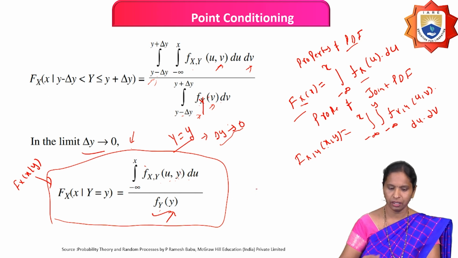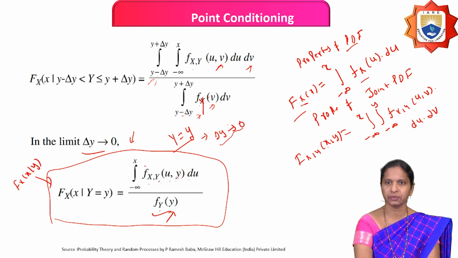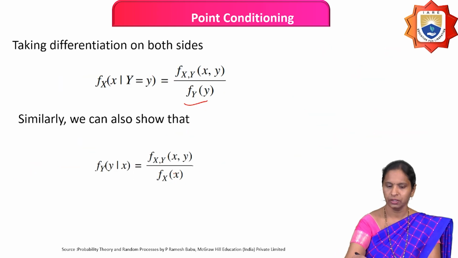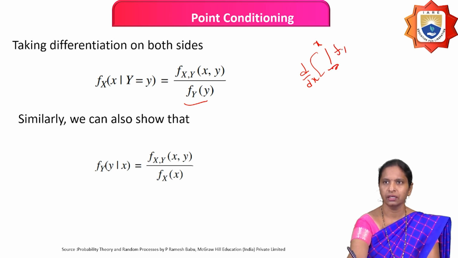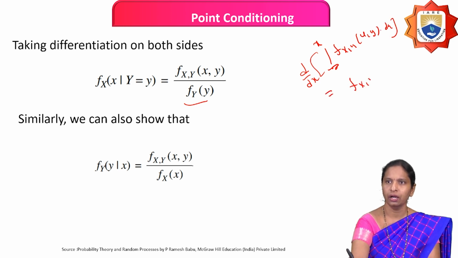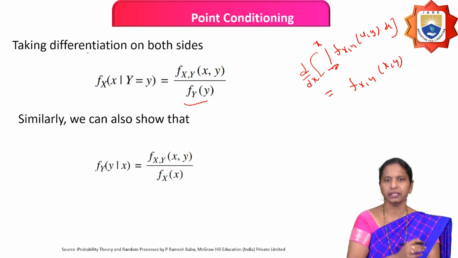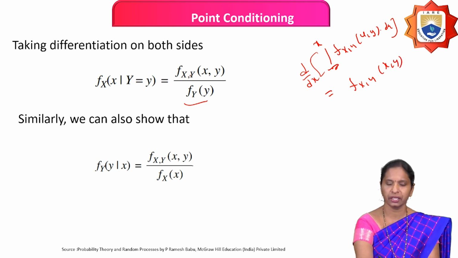What is the numerator here? Integration from minus infinity to x of fxy(u, y) du. So, differentiation of this numerator, the integration from minus infinity to x of fxy(u, y) du, gives what? This is nothing but fxy(x, y). Therefore, you can obtain the conditional density function by differentiating the conditional distribution function. Therefore, what is fx of x given y equals y?